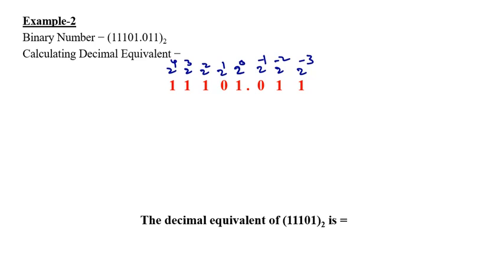In the next step, we need to multiply all these digits by their positional values.